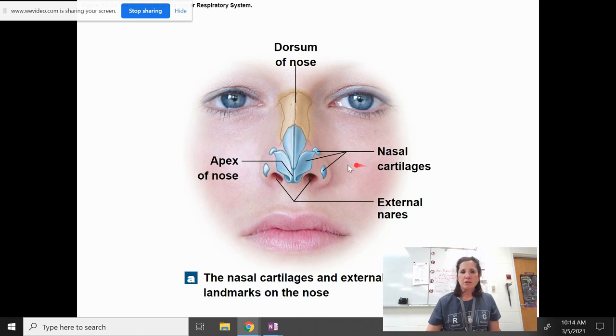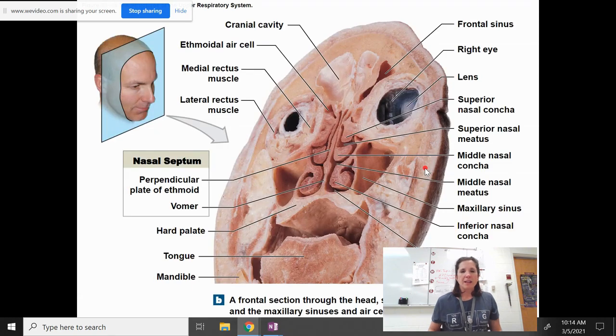So this is just a picture showing you some nasal cartilage, the apex of the nose. And I like this picture because you can see this frontal section. Remember, front and back. It's just a cool picture. You can see the eyes here. And here's your nasal septum, and this is part of the ethmoid bone.